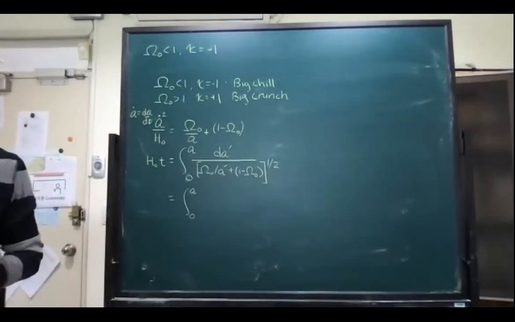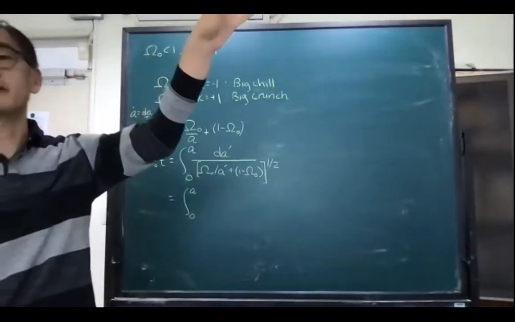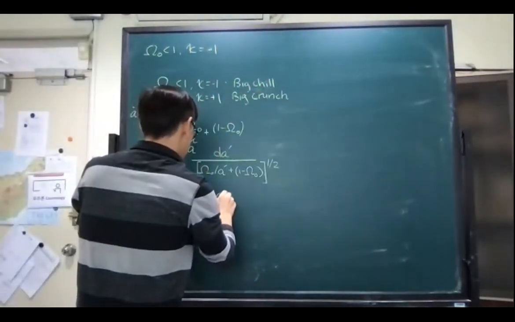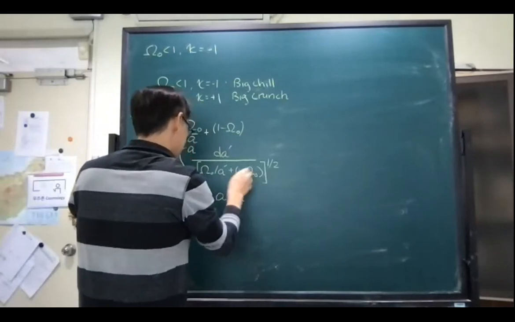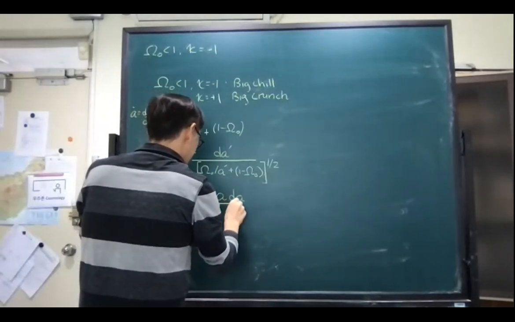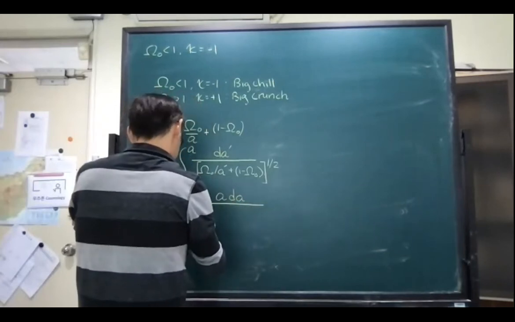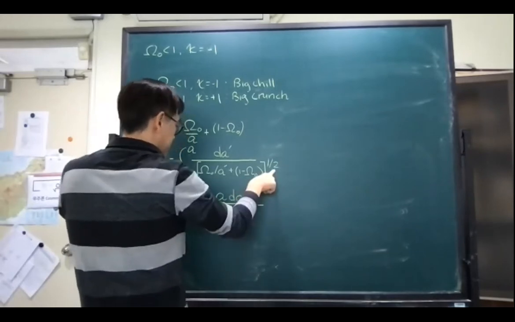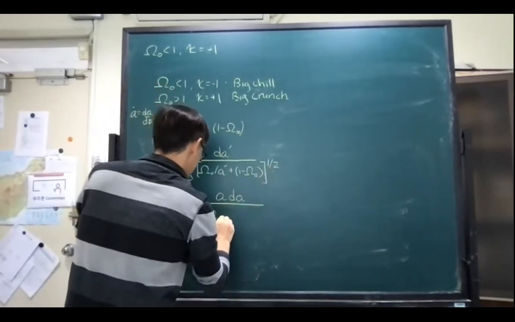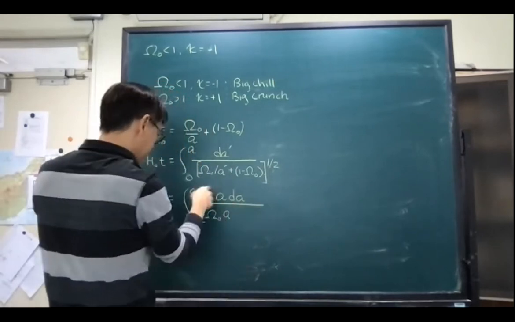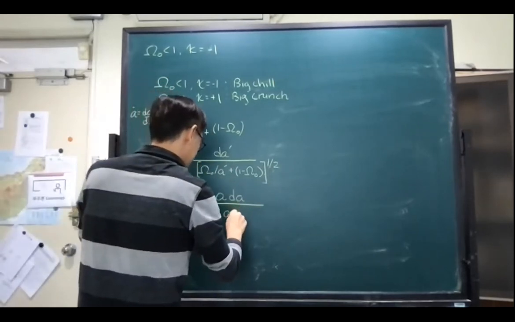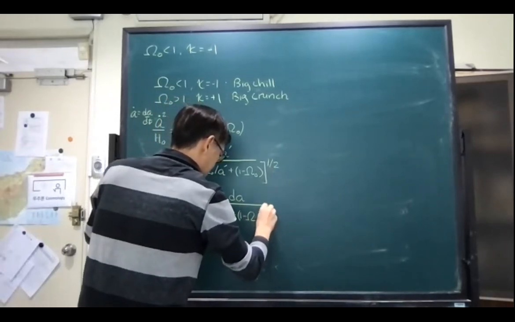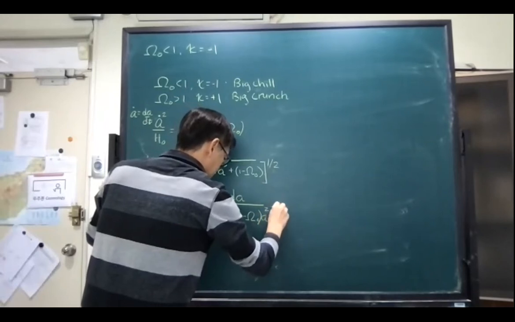I multiply a to the numerator and denominator, so I have a dA prime over the square root of omega 0 a prime plus 1 minus omega 0 a prime squared.